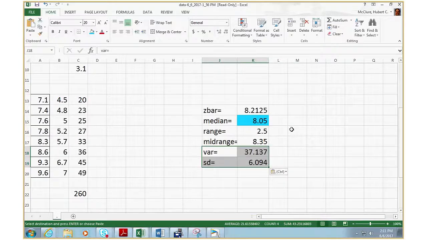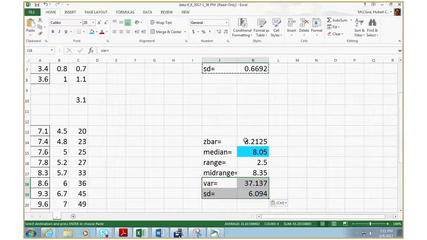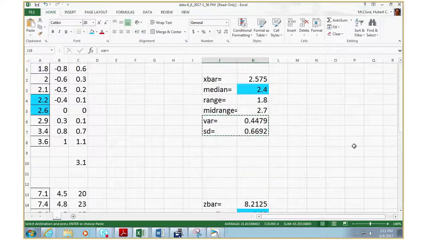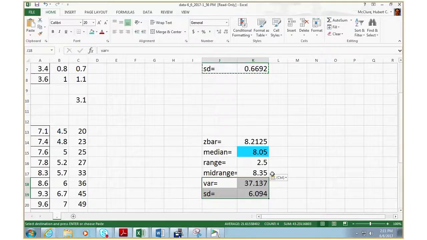But down here, 8.2, 8.05, 8.35. So somebody tell me which one is the best set of numbers. I would say the first one, because the 2.5, 2.4, 2.7 is closer than these numbers, the 8.3, 8.05.